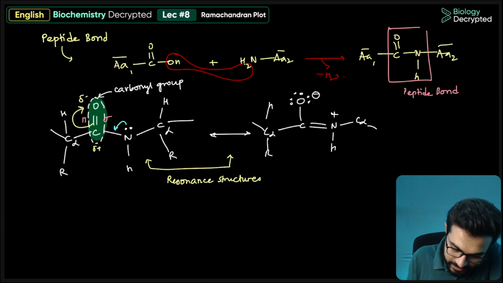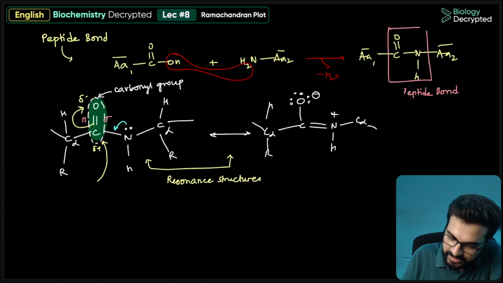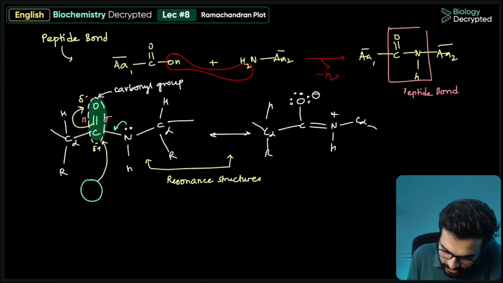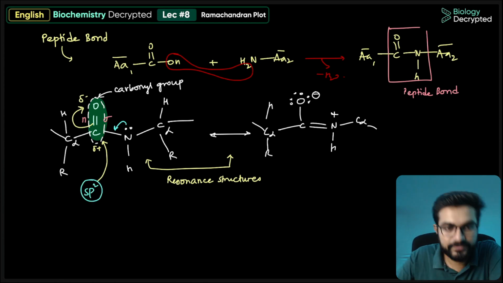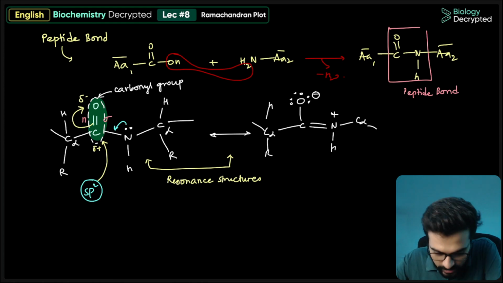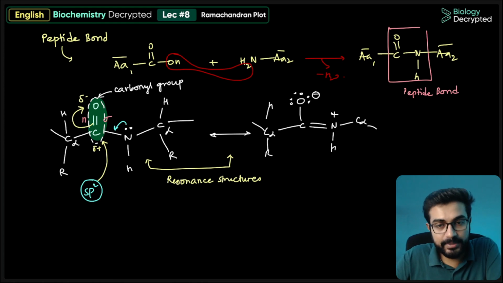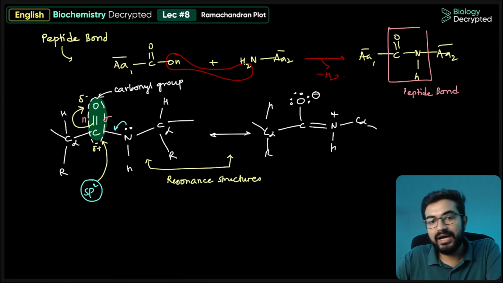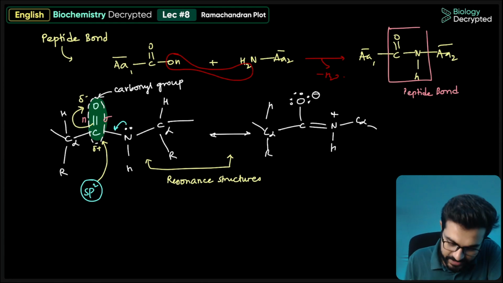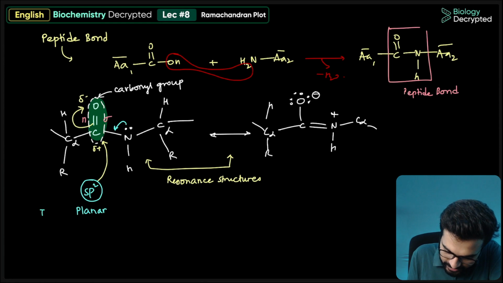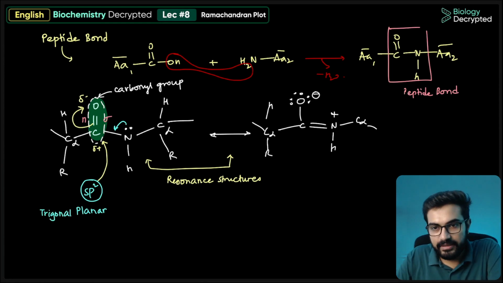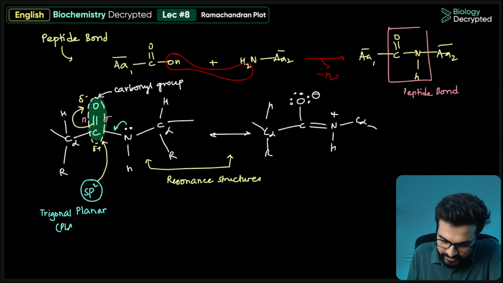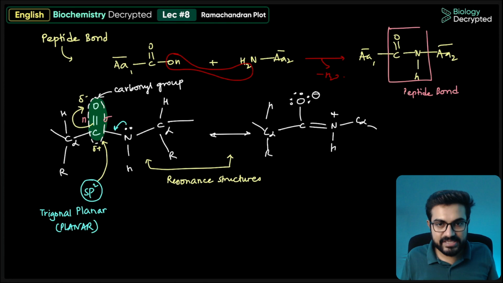Now the hybridization of this carbon as well as the oxygen is sp2, and sp2 hybridization represents a planar structure, specifically trigonal planar, or simply you can call it planar, which means the structure lies on a plane.